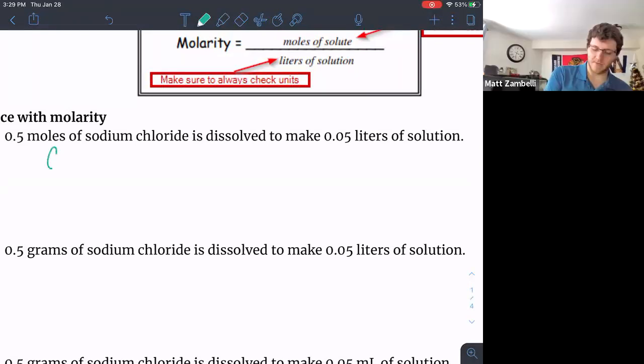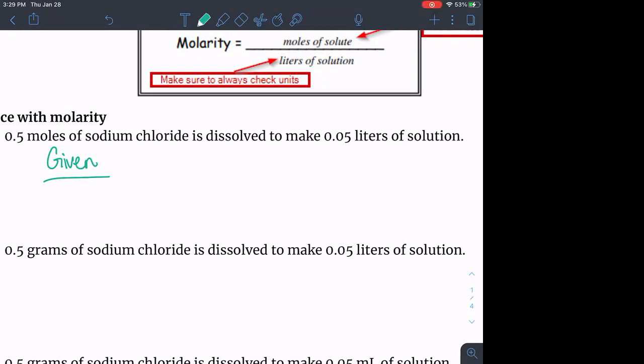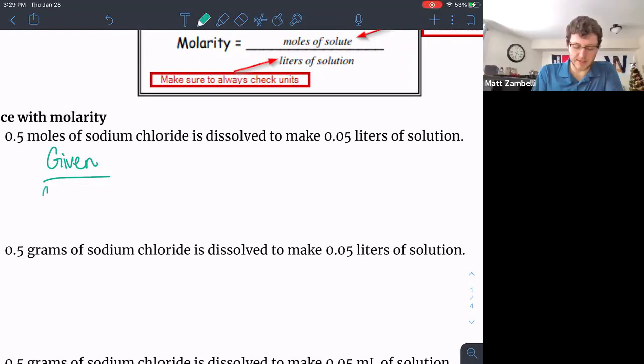How about this? Let's write down what givens we have. So what are we given in this problem? Somebody tell me something we know. The liters of solution. So let's write down the liters. So 0.05 liters of solution. I'm going to abbreviate solution right there. All right, what else do we know?